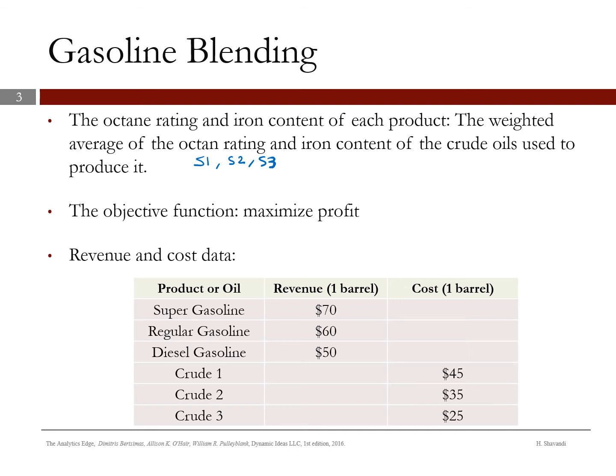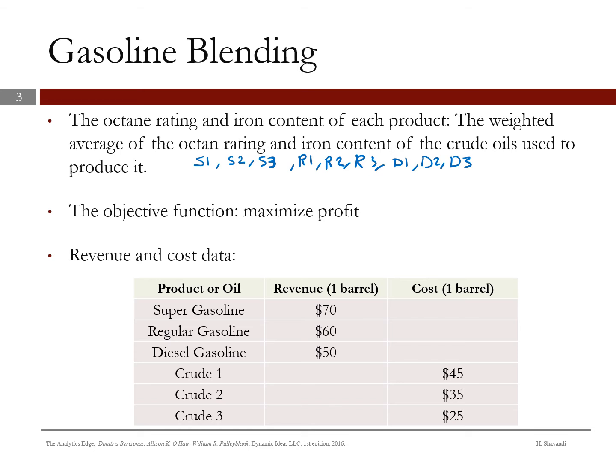S2 using crude oil type 2 to produce super gasoline, and S3 using crude oil type 3 to produce super gasoline, and same for the regular gasoline and the diesel: R1, R2, R3 and D1, D2, D3. So as you see here, we would have 9 decision variables, right?